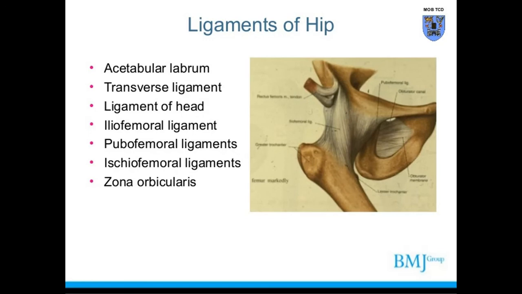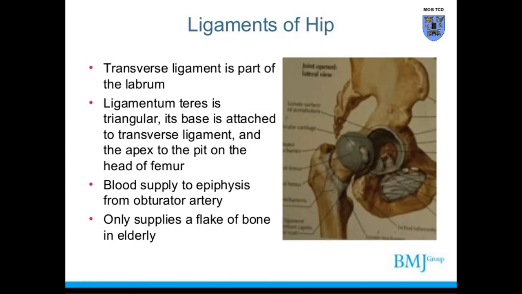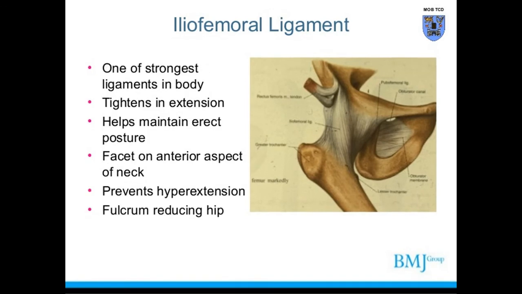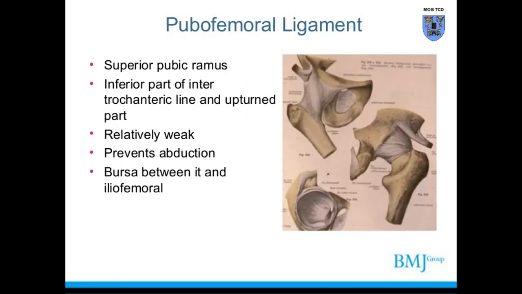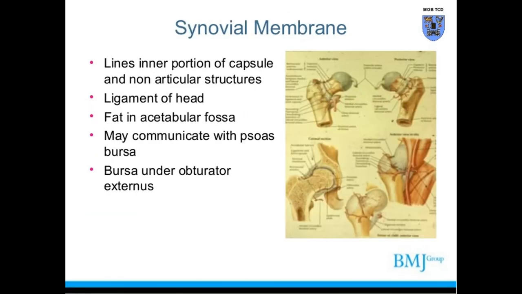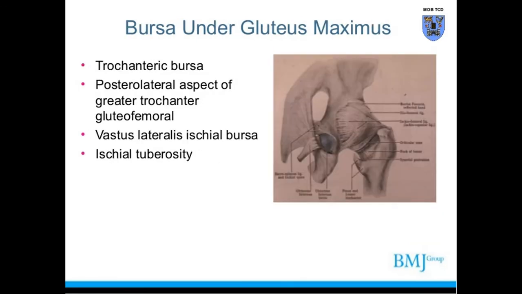Then the ligaments of the hip joint: the iliofemoral ligament, then the pubofemoral and ischiofemoral, the synovial membrane, the bursas under the gluteus maximus, and two other bursas we have seen under the obturator externus, and the psoas bursa, which communicates with the hip joint.